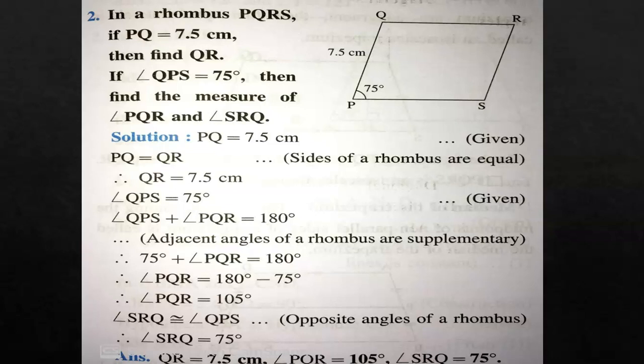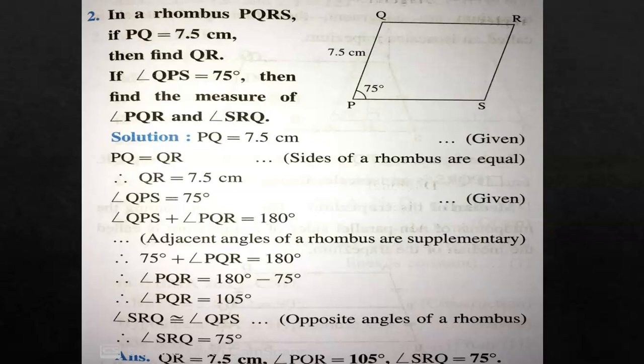Let us start with the solution. PQ is 7.5 centimeters. This is given information. And we know that PQ is equal to QR. The reason? Sides of a rhombus are equal. All sides are equal. So if one side is 7.5, the other side is also 7.5. Therefore, QR is equal to 7.5 centimeters.